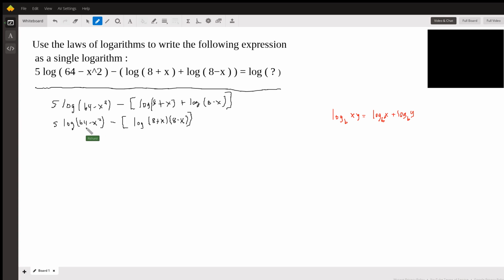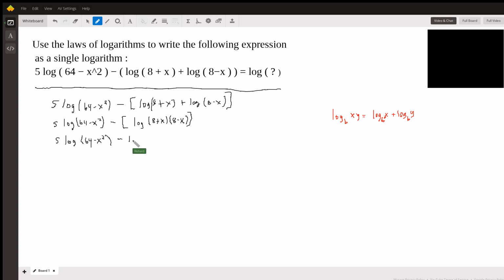And now we're going to just leave this alone, copy this out. I could ignore these outer brackets now, and I'm just going to foil these two.